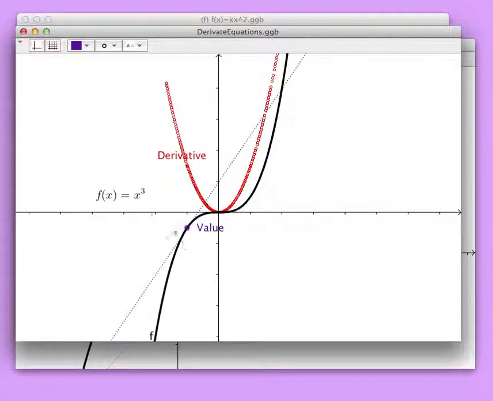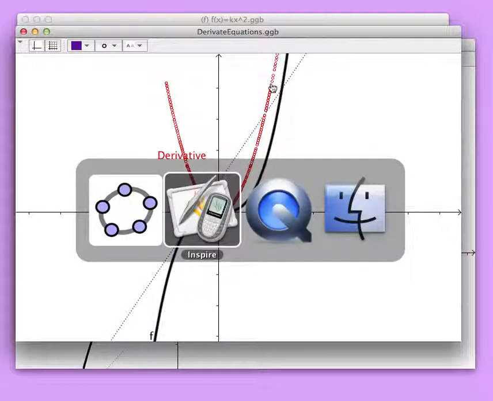And it sure looks like when I take x cubed that I'm going to get something in the vicinity of an x squared function for the derivative. So the hypothesis is that if we have a function that is x cubed, its derivative would be something in the order of x squared.